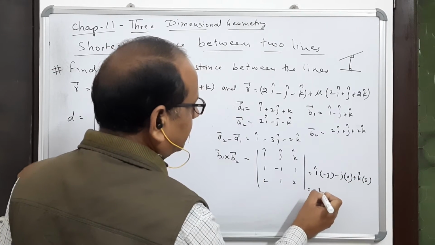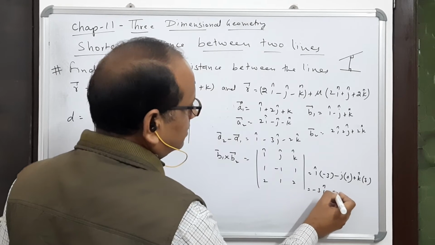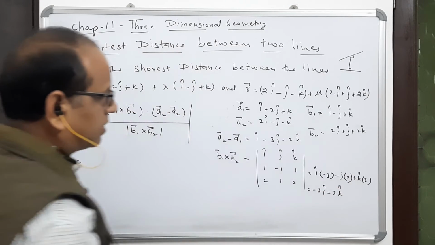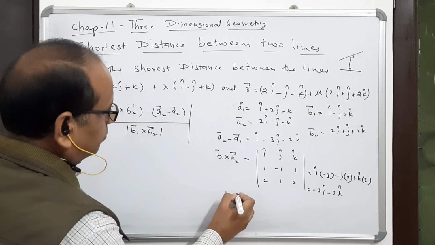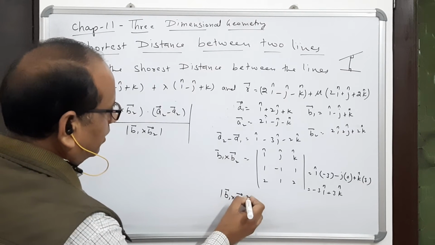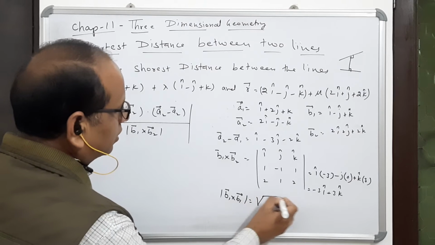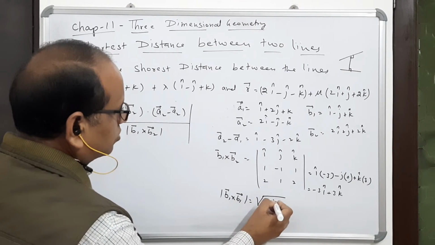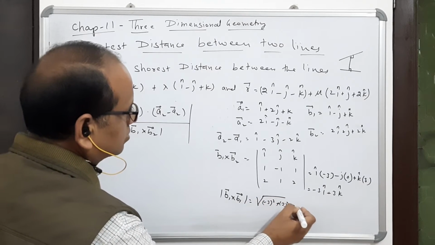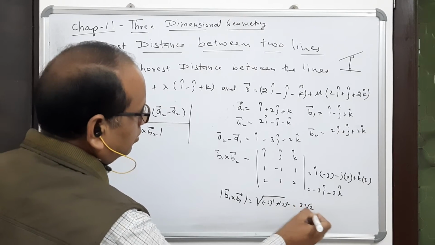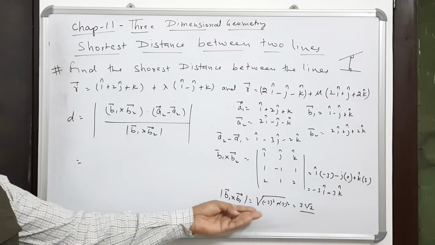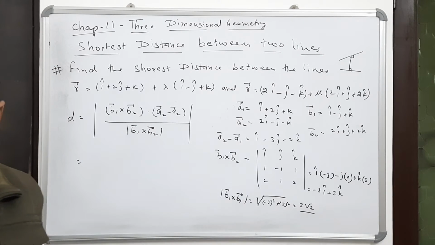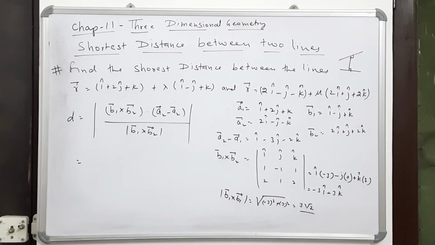So the answer is minus 3 i cap plus 3 k cap. Side by side we will calculate its magnitude also, because it will be required in the formula. So the magnitude will be root of minus 3 squared plus 3 squared. So the answer is 3 root 2, and being a student of class 12th, after reading vector, I don't think it is required to explain how this 3 root 2 came.